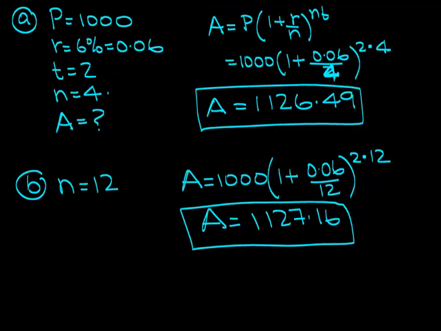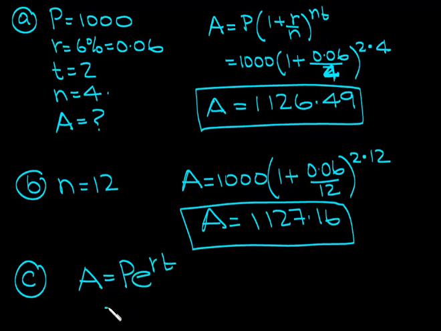Let's do the same problem again one more time. If it was compounded continuously, in that case A would be P e to the RT. You're getting interest every second basically. So we get 1,000 times e, R is 0.06 multiplied by 2. So let's see what we get.